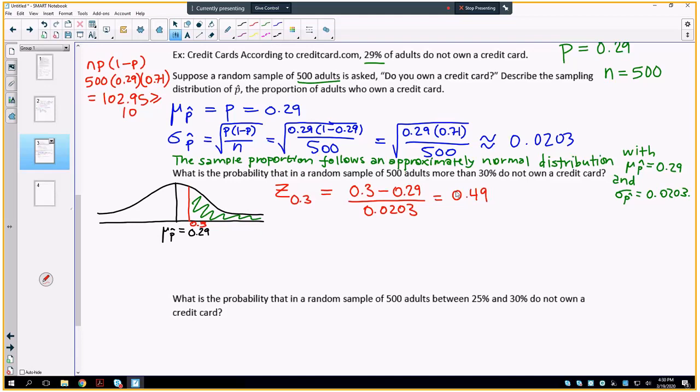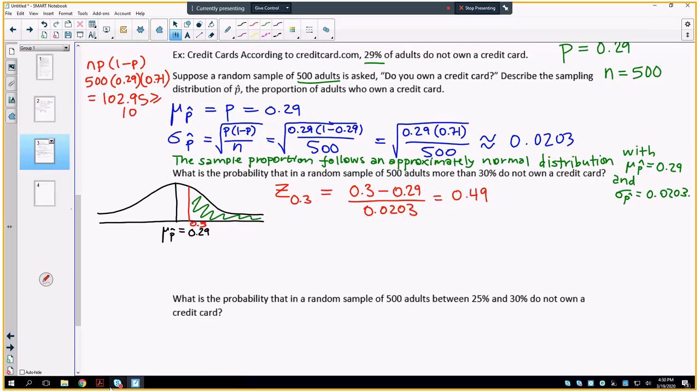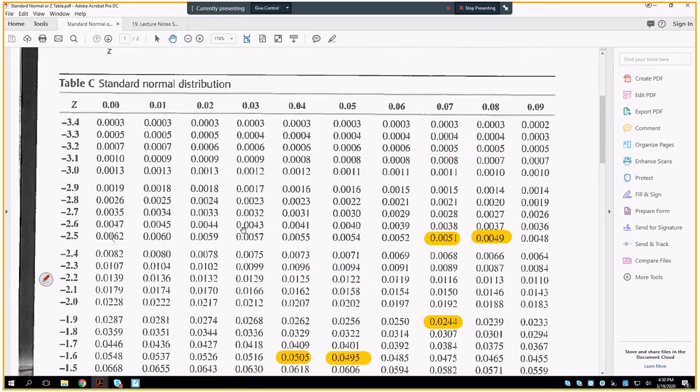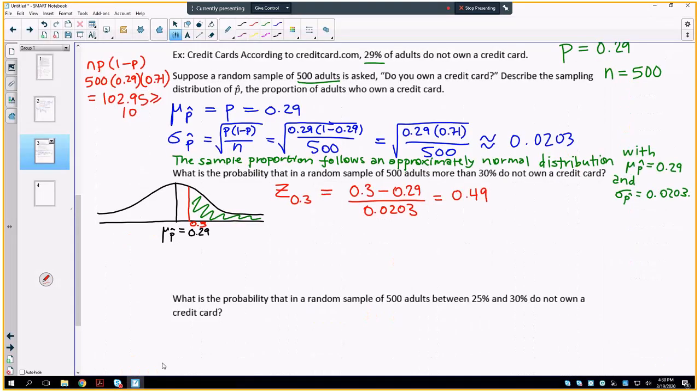Then it's asking me for the probability, so we go to the table, we look at 0.49. Scrolled down, positive 0.4, all the way to the end, 0.6879.